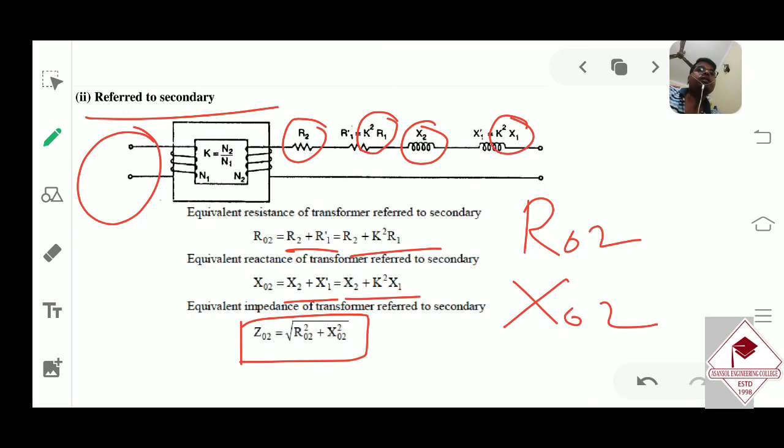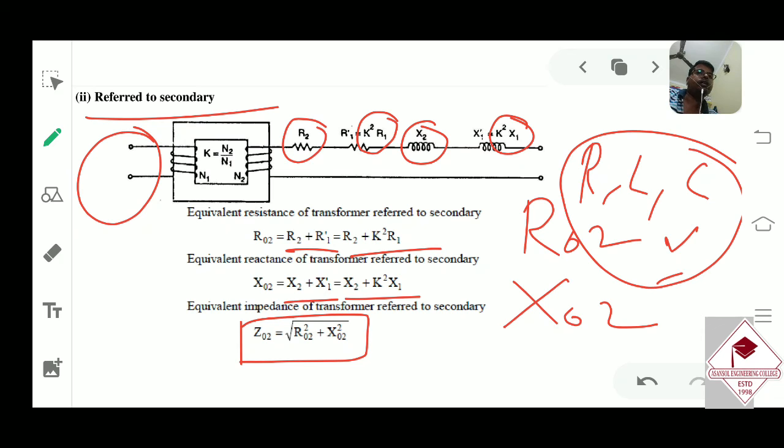Now a question might be coming to your mind: why are we transferring these things? The simple answer is to find the equivalent circuit. In an equivalent circuit only R, L, C and voltage sources are there. In any electrical equivalent circuit, there is no core available.